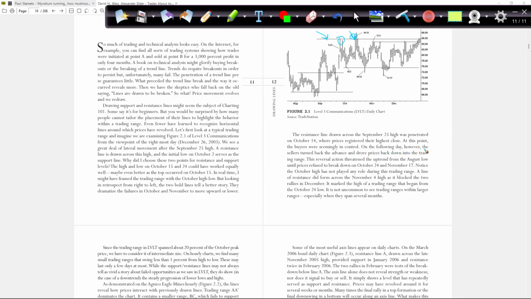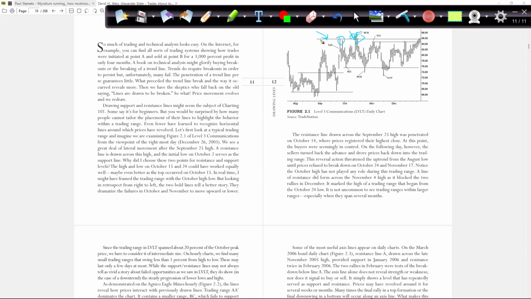On the following day, however, the sellers turned back the advance and drove prices back down into the trading range. And then the next day, sellers came in and drove the prices down and closed below that trading range.